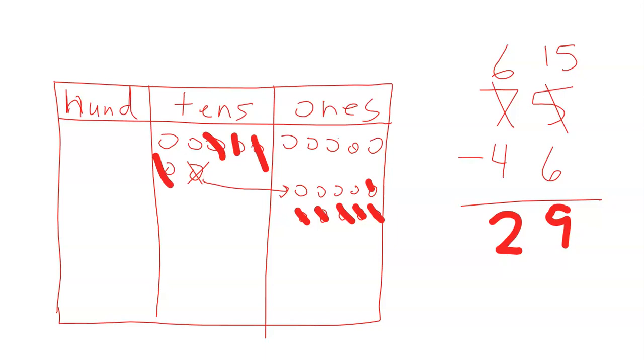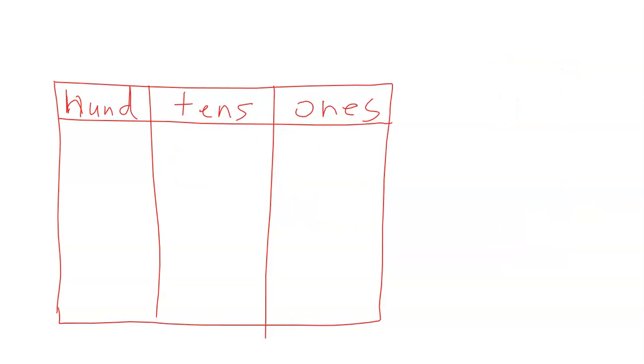All right, let's look at an example of one that is a subtraction with 3 digits. Okay, nothing changes. It's just an example of using 3 digits. All right, so how about we do this? 200 minus 73.